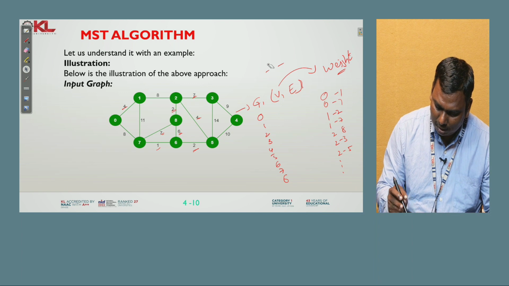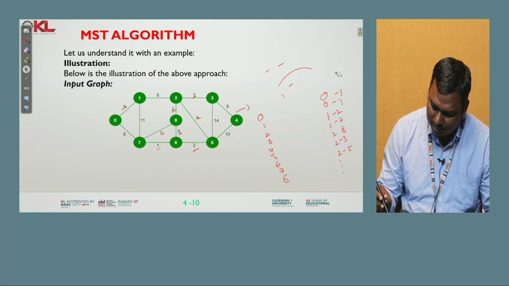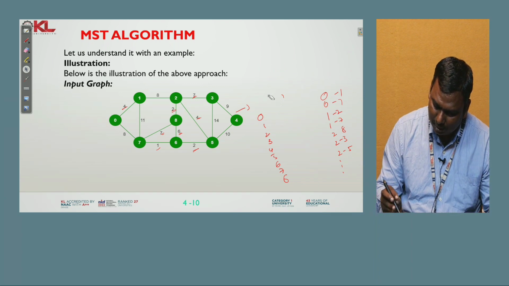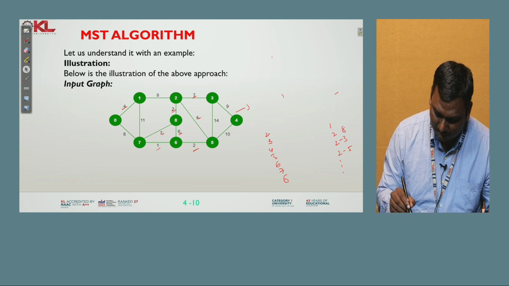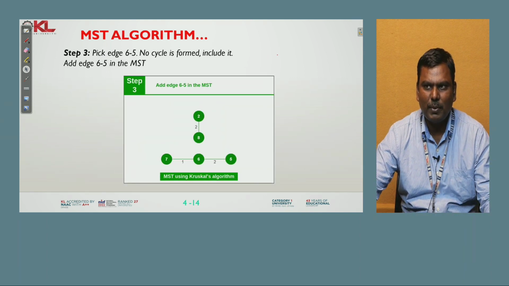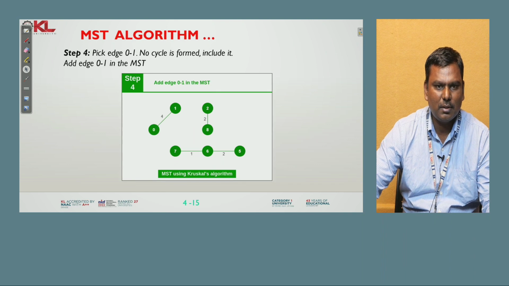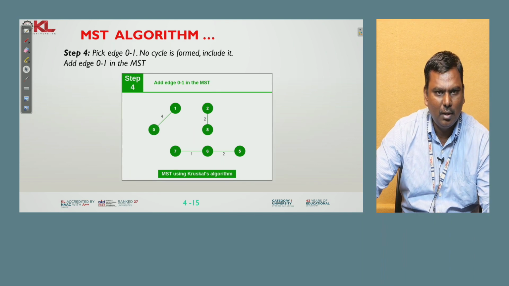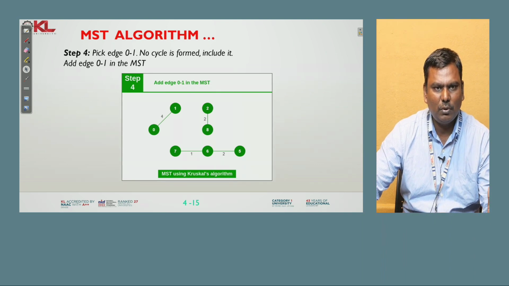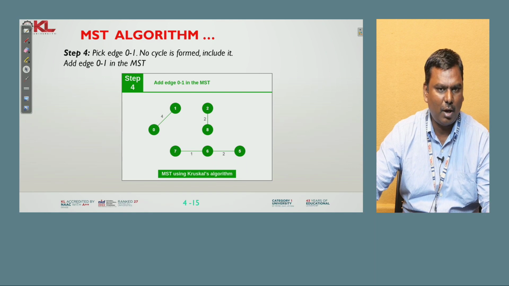So this is the second step and this is the fourth step. Next, 0 to 1: when we connect 0 to 1, it does not form a cycle.